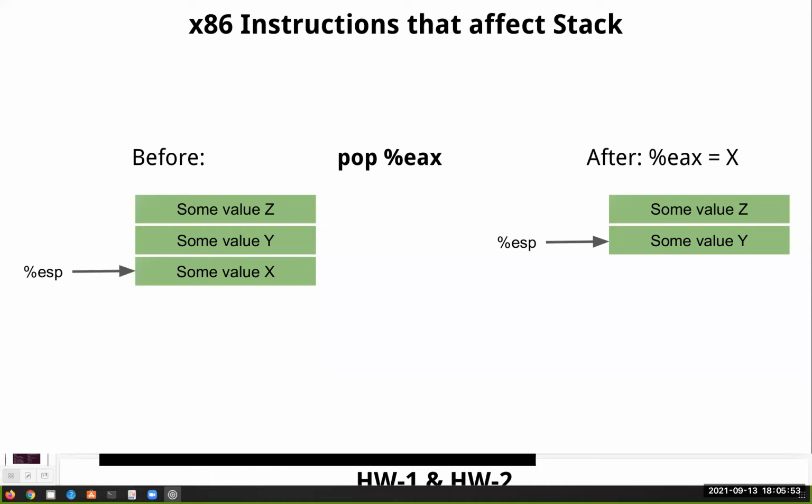So in this case, ESP points to the value X. After pop, the ESP is incremented, and we put value X into register EAX. However, it doesn't really change the stack. And at this address here, the value is still X. No one changed that. So that is how it works.